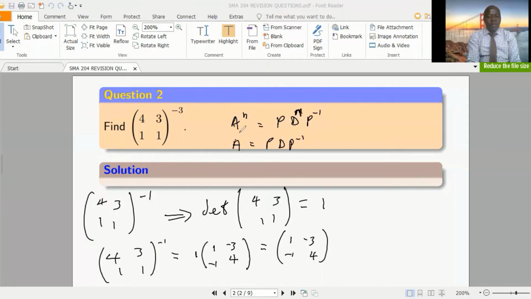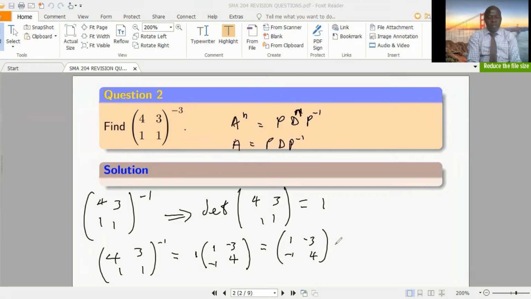That means that if I was to raise A to any value n, then A raised to n will be given by P D raised to n times P raised to -1. And that is if this value was too big. But what I'm saying here is just a very small value, so we just multiply it 3 times, and that will make our work much easier.